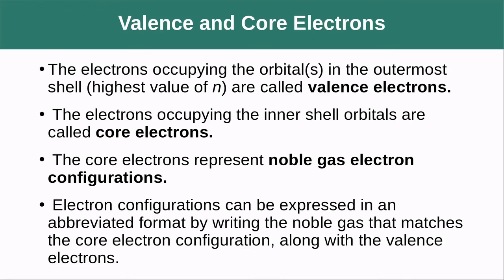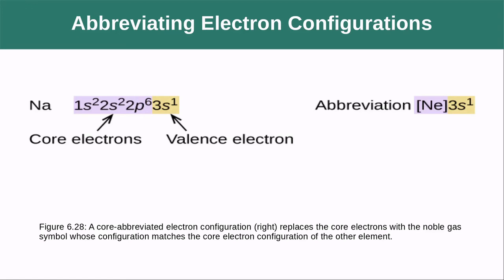And the electron configurations can be expressed in an abbreviated format by writing the noble gas that matches the core electron configuration along with the valence electron configuration. So let's see what they're talking about here.